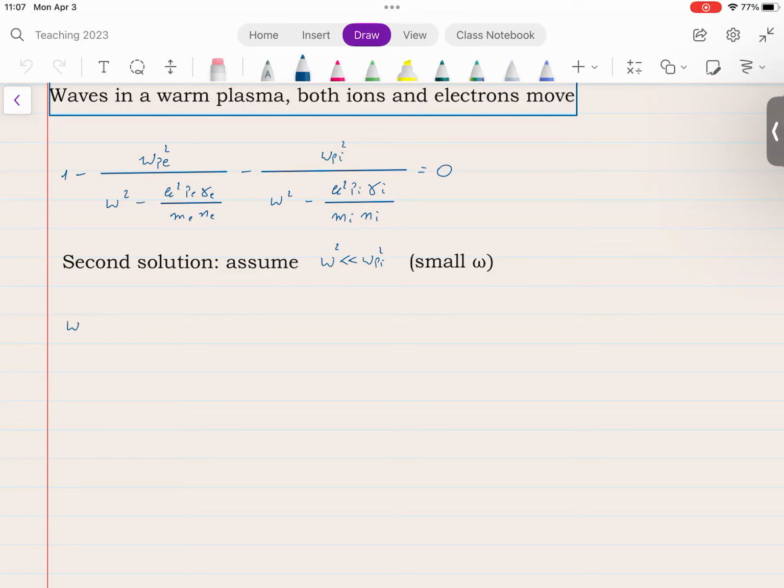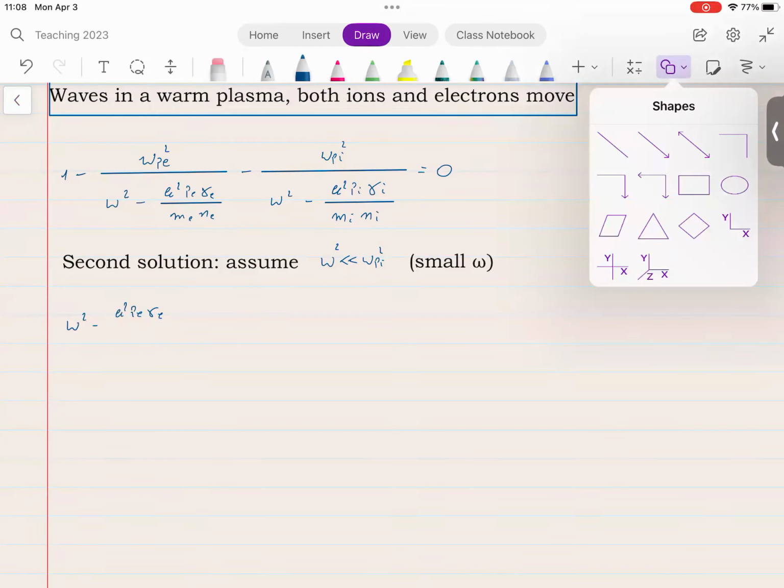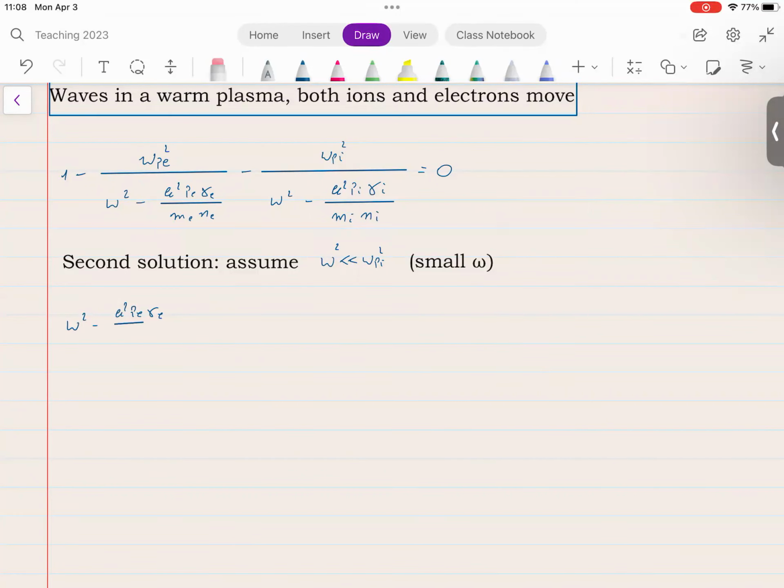All right. So we have omega square minus k square p e gamma e divided by m e n e, times a similar term in the other denominator, k square p ion gamma ion divided by m ion n ion.